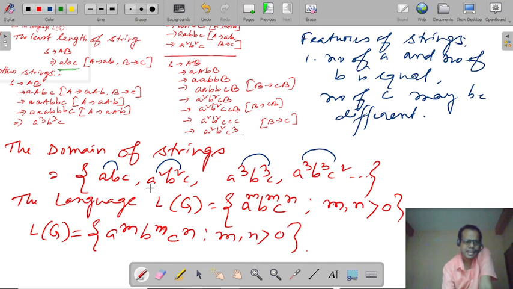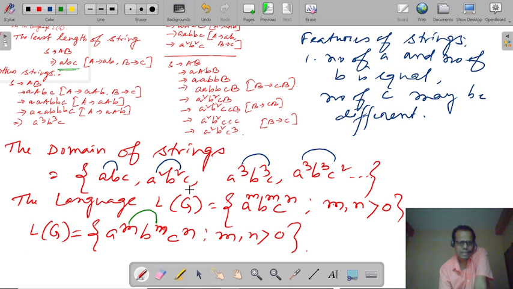Here you see m and n are different, and m and m are the same. The power of A and power of B should be equal, and n may be different. So the least value of m and n is 1.